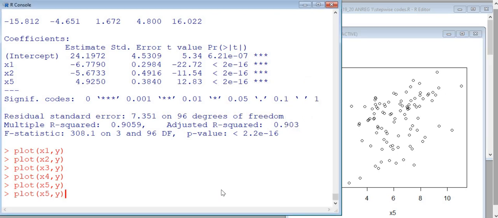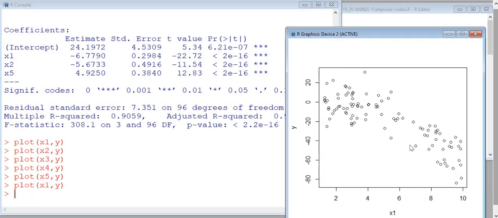Okay, so again, when we look at before, x1 has a little bit of curvature here.